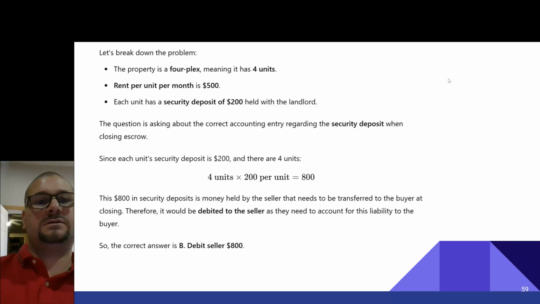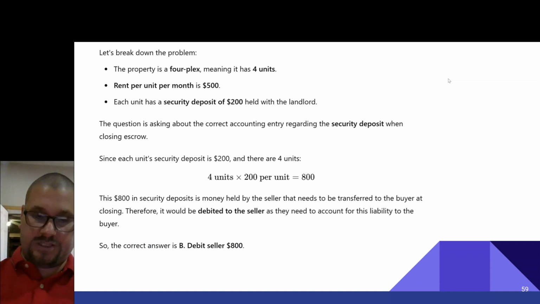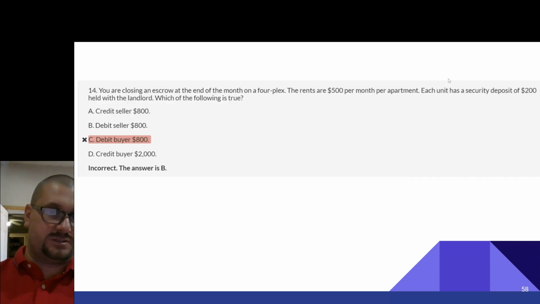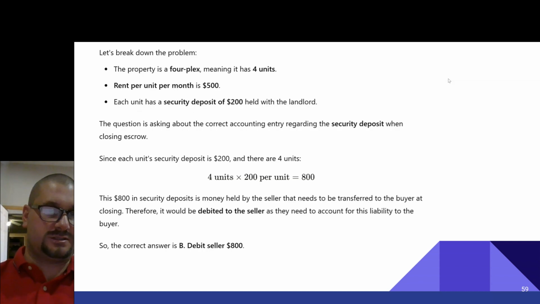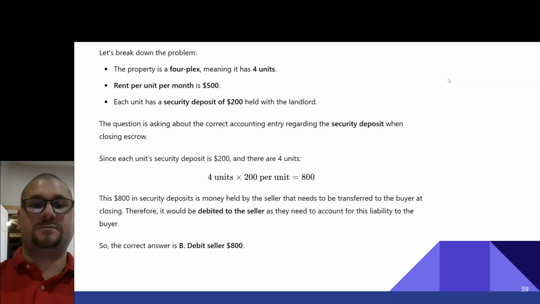So here, the question is asking about the correct accounting entry regarding the security deposit when closing escrow. Each unit's security deposit is $200. Right away, they tell you the security deposit is $200 and there are 4 units. So 4 times 2, that's $800 in security deposit, right? And the security deposit is money held by the seller that needs to be transferred to the buyer at closing.